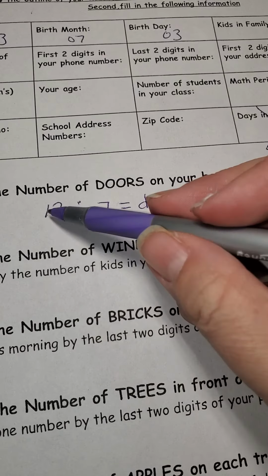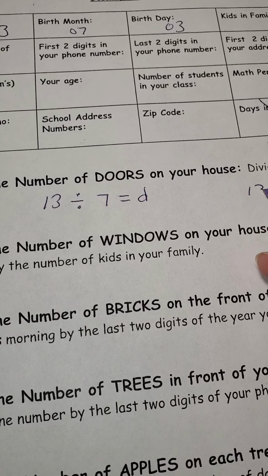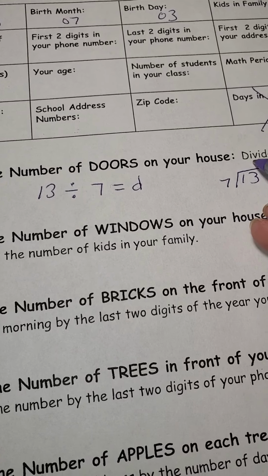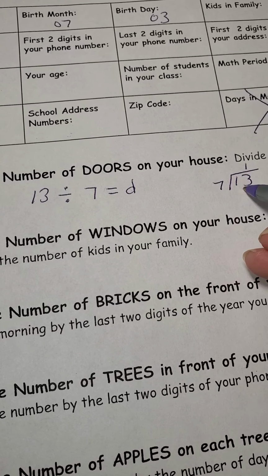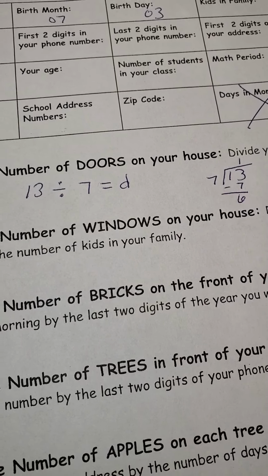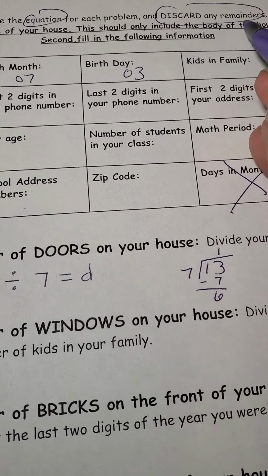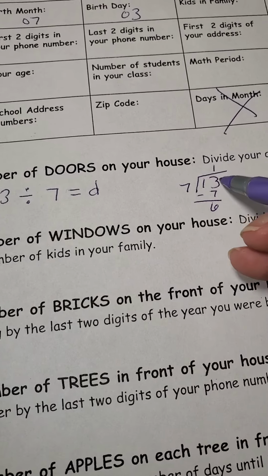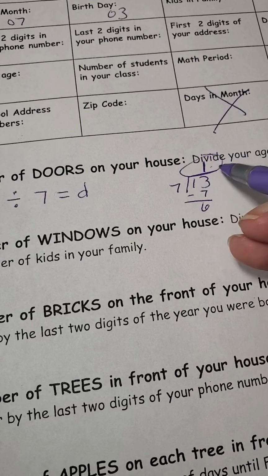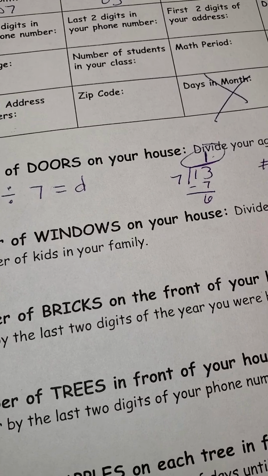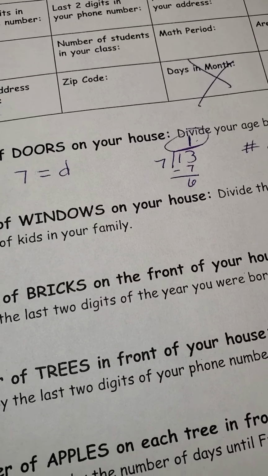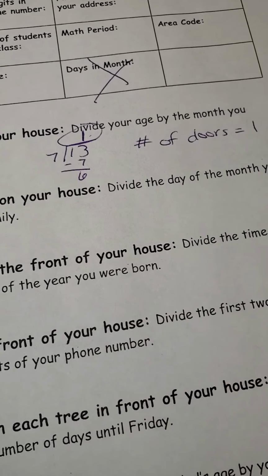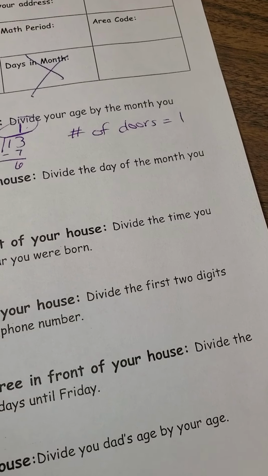So set that one up. The one you say first goes inside. 13 divided by 7. 1 times 7 is 7 with a remainder of 6. It does say up here to just discard the remainder. So I'll just take my 1, and that is the number of doors on my house. 1 door for my house.